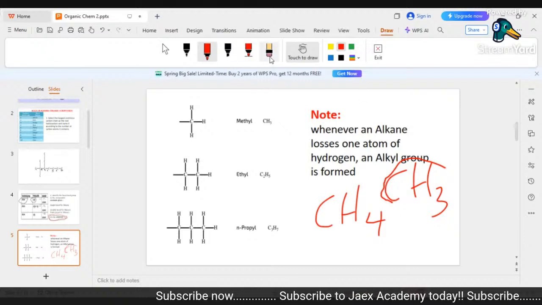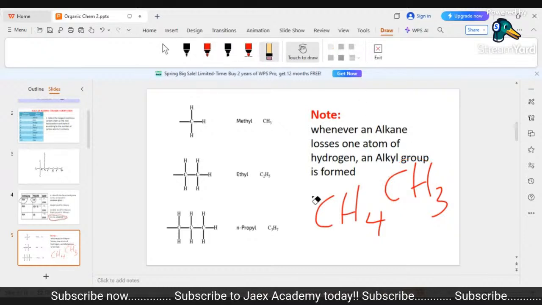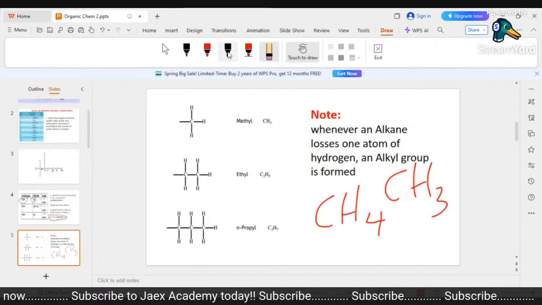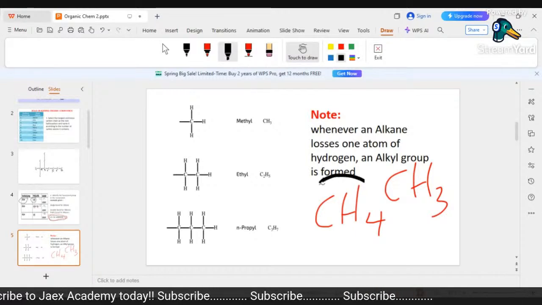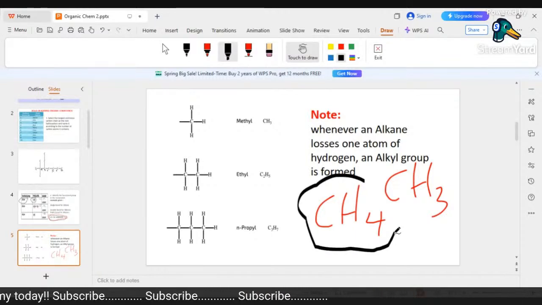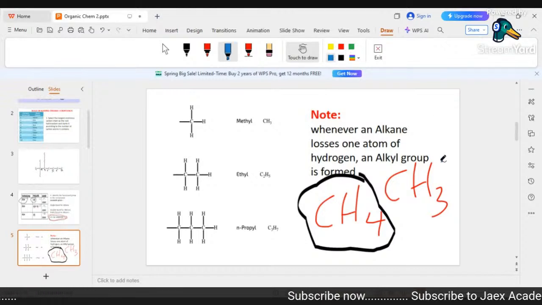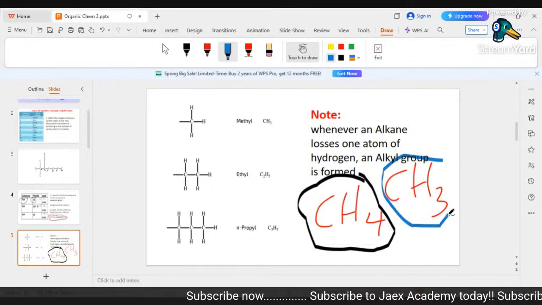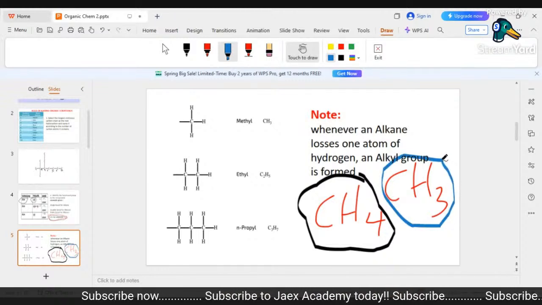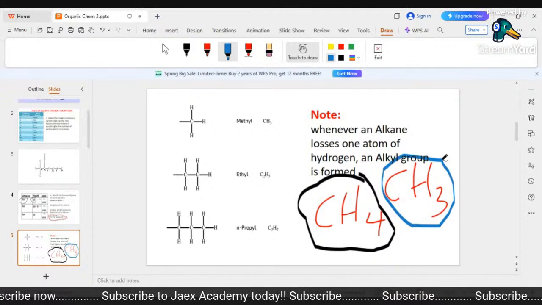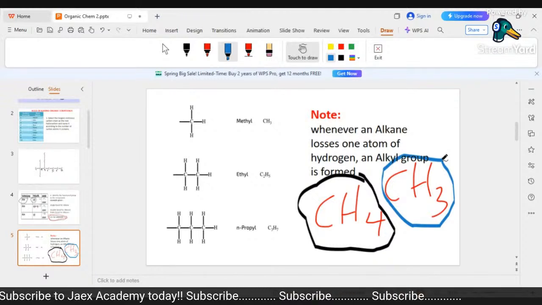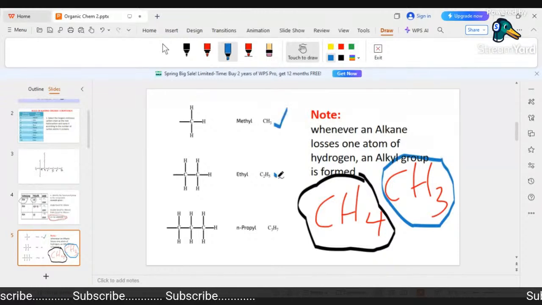So this thing you see here is methane. Then this guy you see here is methyl. Why? Because it loses one hydrogen. Look at some example.